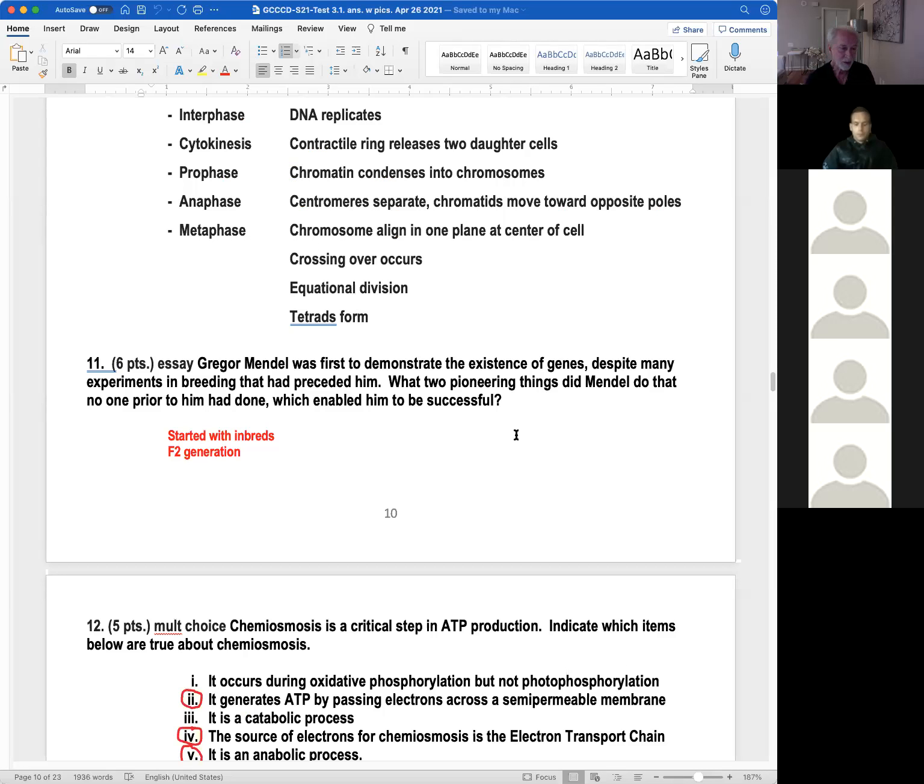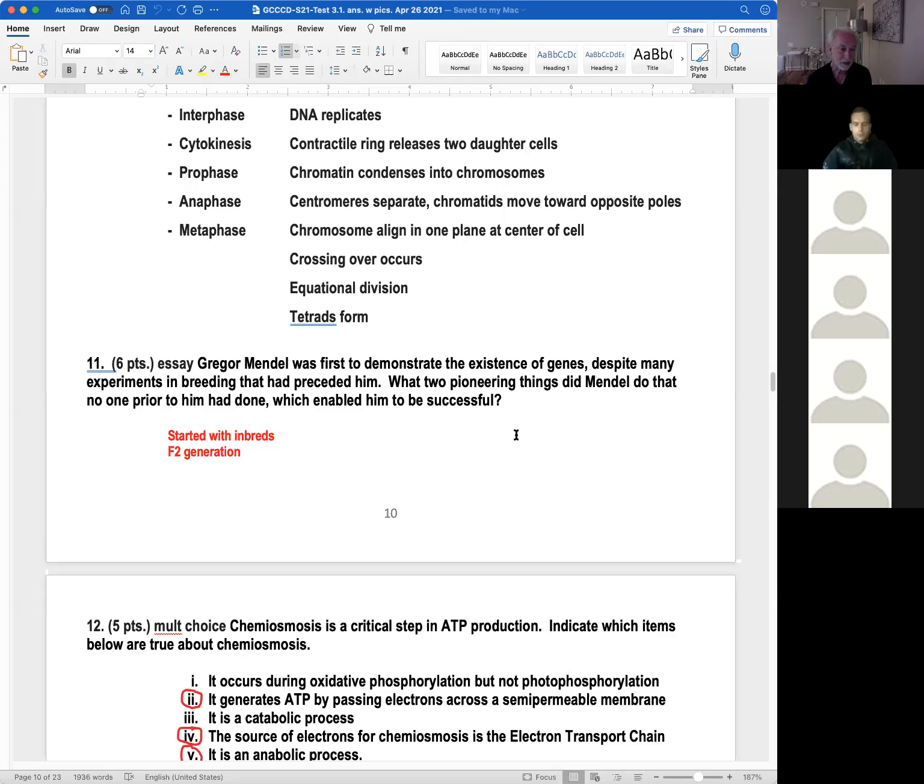What made him unique was that before he started doing crosses, he developed inbreds, and once he started doing crosses, instead of stopping with the first progeny that he got, he crossed these progeny to each other to get the F2 generation.